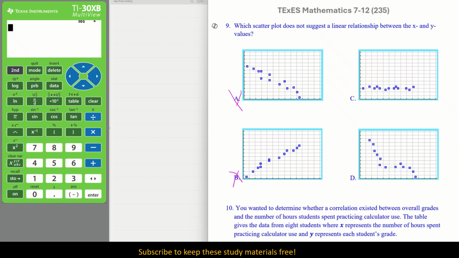Remember, I said familiarize yourself with these particular kinds of lines. This is still going to qualify as a linear relationship, although close to no slope, doesn't matter. And we're looking for no linear relationship. So that's not going to work.